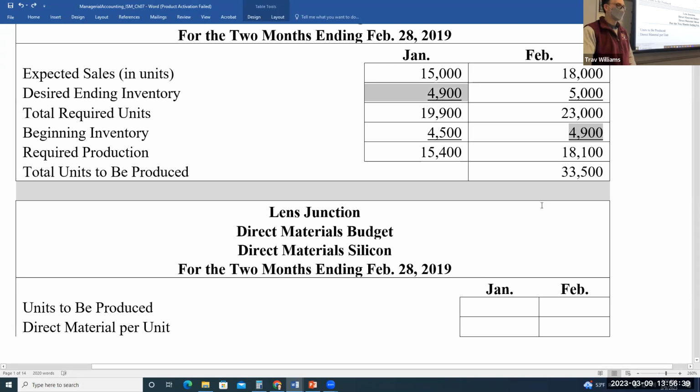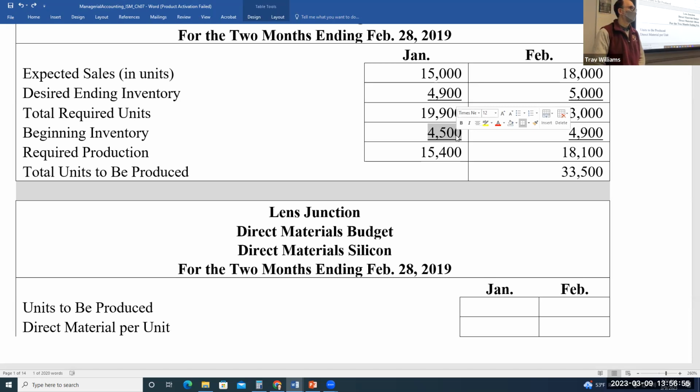Any questions so far? So December's ending would be 4,500 because it's the beginning for January. Yes. January's beginning inventory would have been December's ending. And there might be some problems where you have to use that sort of logic to come up with the answer. Great, okay.